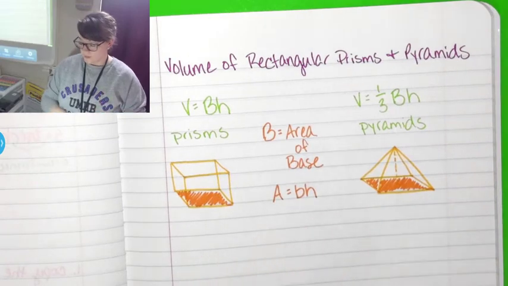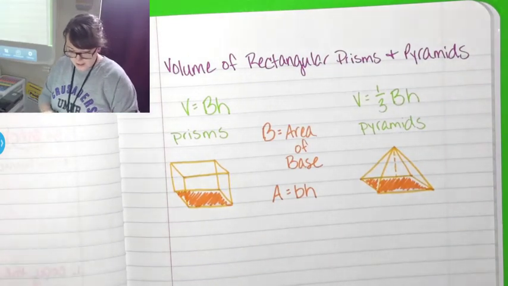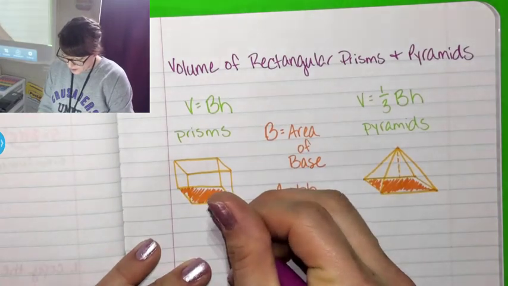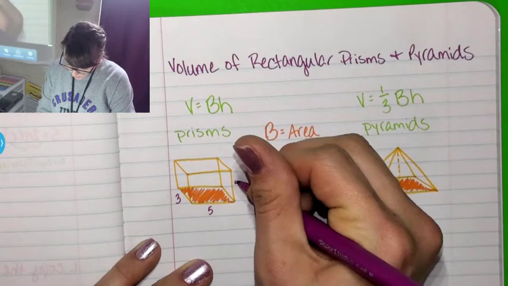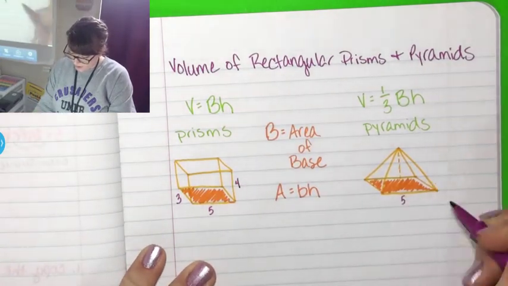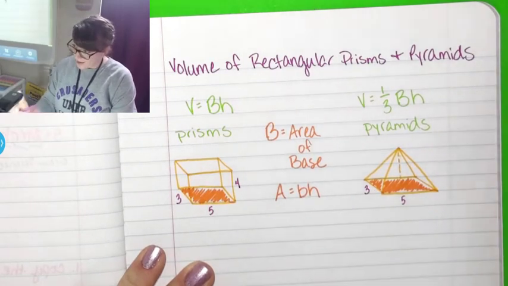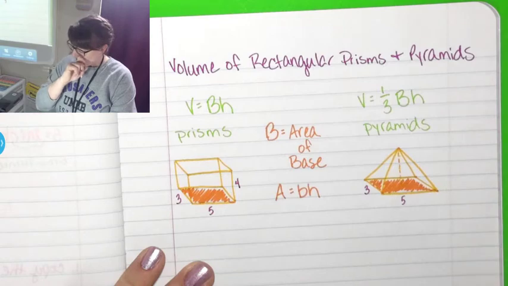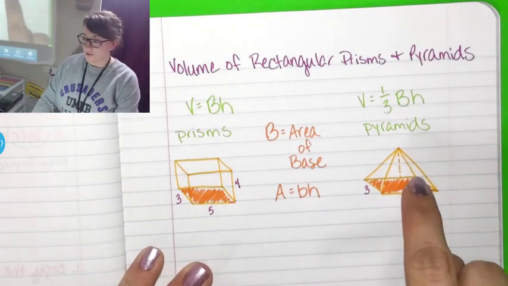Okay? So let's add some numbers and do some math. If this is 5 across, 3 deep, and 4 tall. And then same over here, 5 across, 3 deep, and then height, this is tricky, is not on the side. We're talking height of the pyramid.